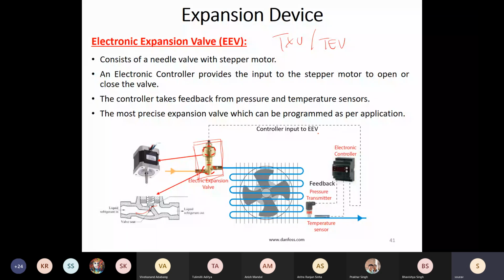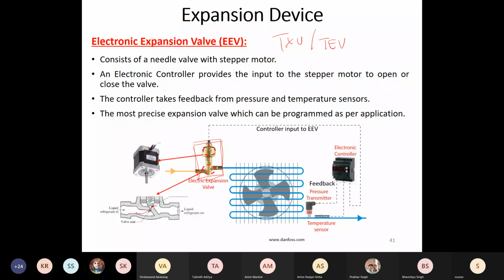Now what is present in the electronic controller is it requires some operational condition feedback. So what would be the feedback? One is a temperature sensor. You need to monitor the temperature at the exit of the evaporator, and you also need to monitor the evaporator pressure. Okay, so these two would be required. This is the bare minimum.